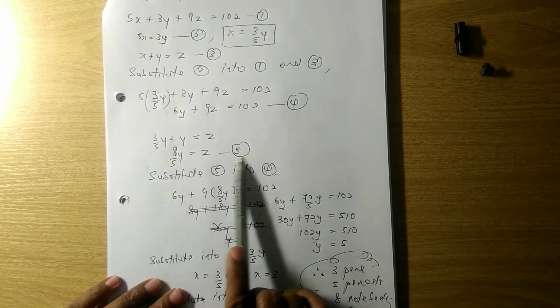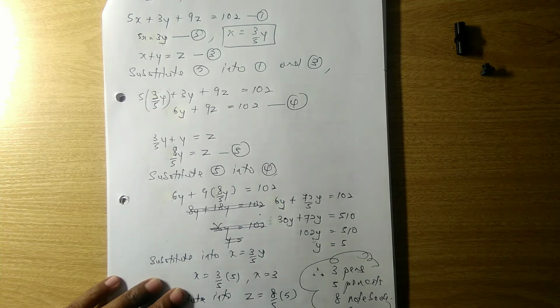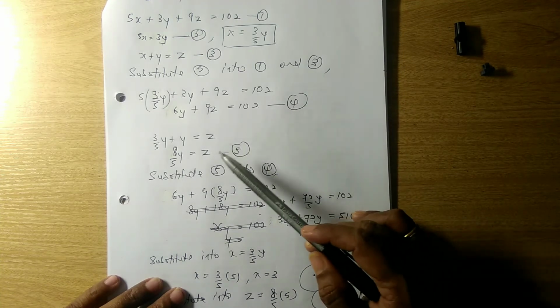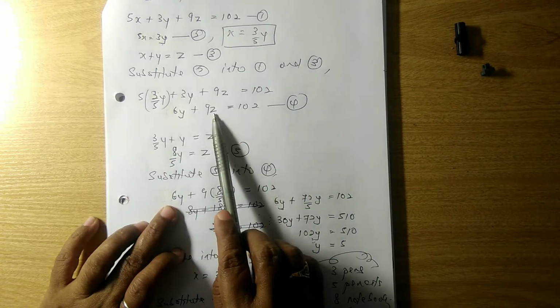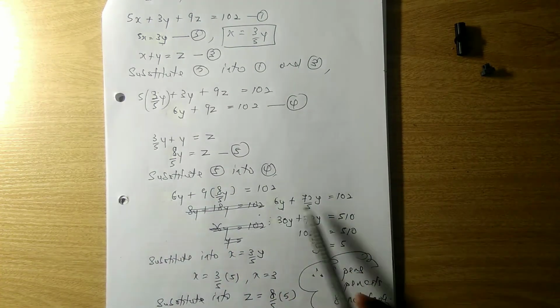Now you've got 4 and 5. I'm going to take 5 and sub it into 4, so z in terms of y. So you're going to substitute this, and you get 102.